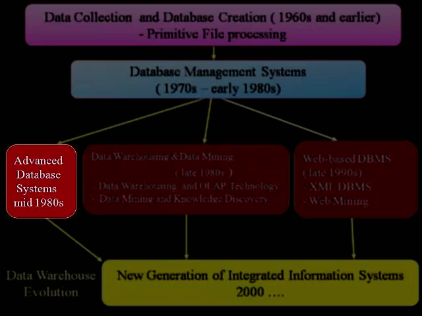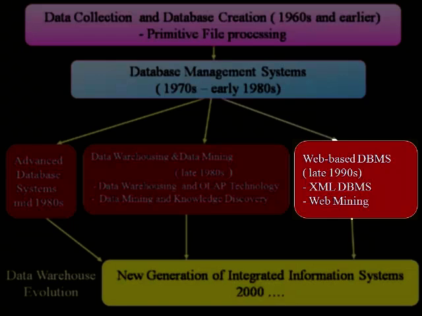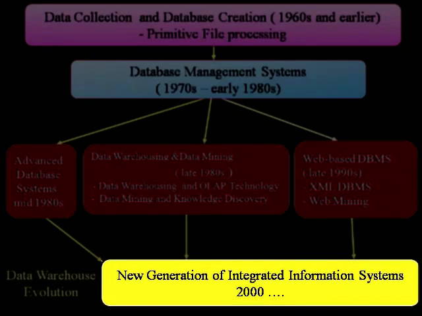Then you can see advanced database systems in the mid-80s, data warehousing, data mining, OLAP, knowledge discovery, web-based DBMS, extensible markup language XML, web mining, etc. And then all of these three are integrated into a new generation of integrated information systems.